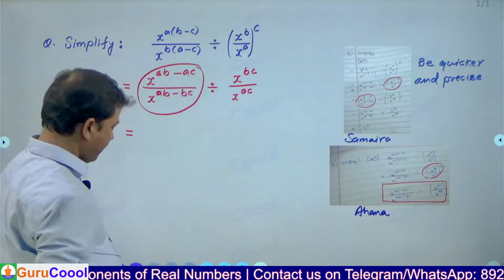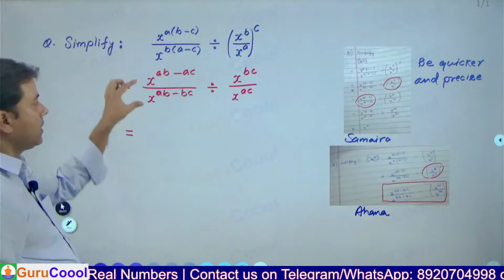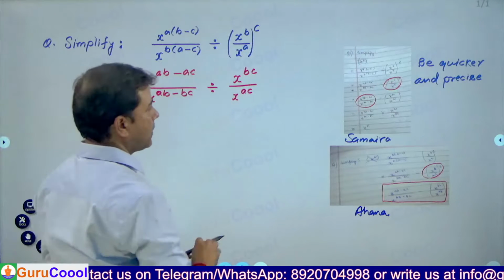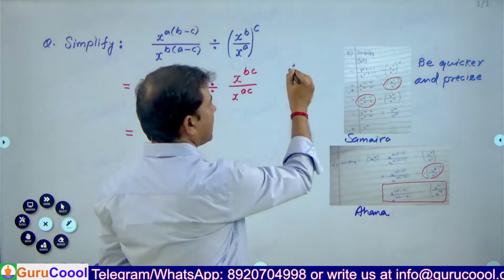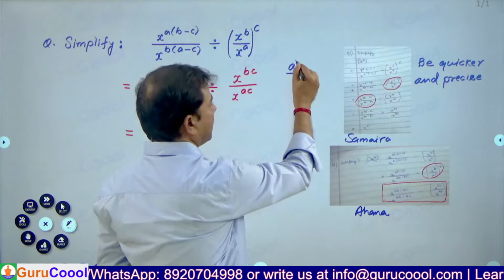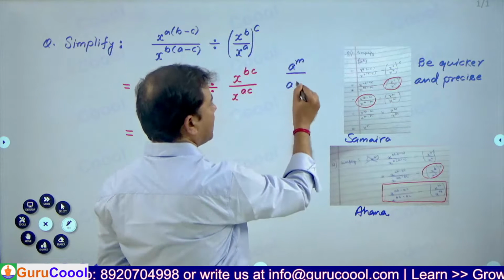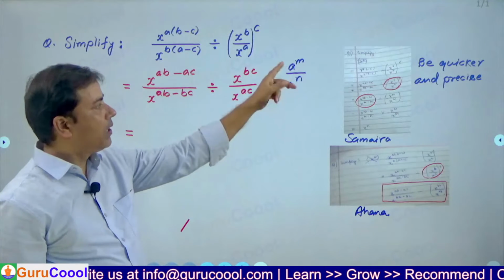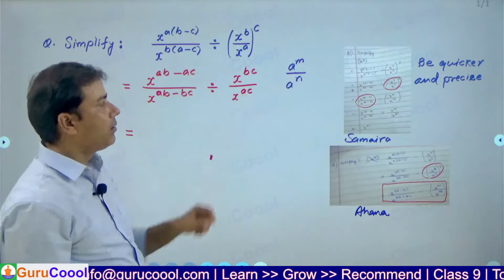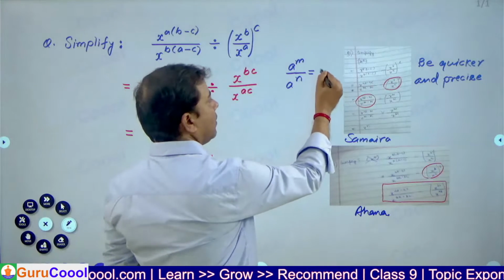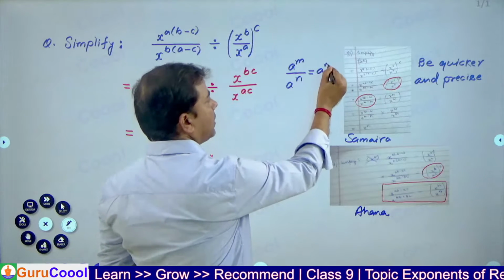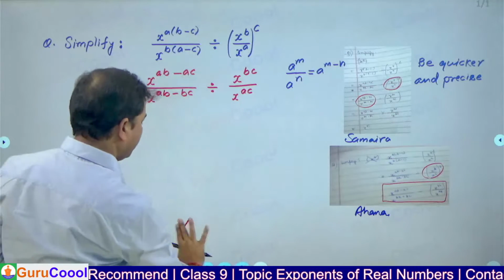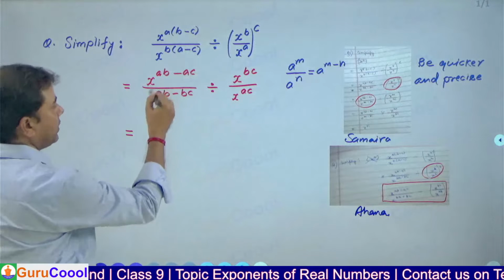Notice they have the same bases and their powers are different. What do we do in that case? If we have same bases, like a power m divided by a raised to the power n, in numerator and denominator but different powers, what we do is write the numerator's power minus the denominator's power with the same base. That's what I'm going to do here.